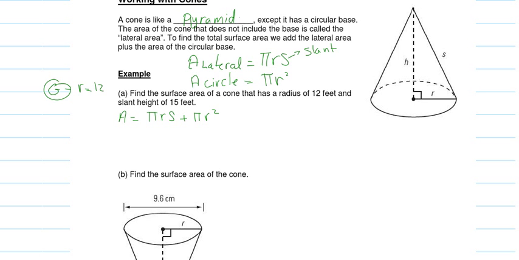I'm looking for the surface area. My formula is A equals pi r s plus pi r squared. I have to solve right now, so I have to plug the given information into my formula.